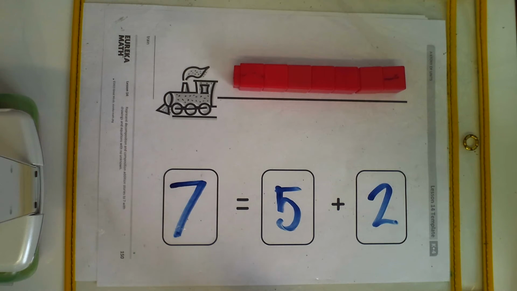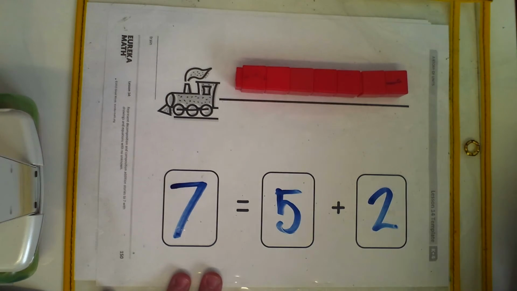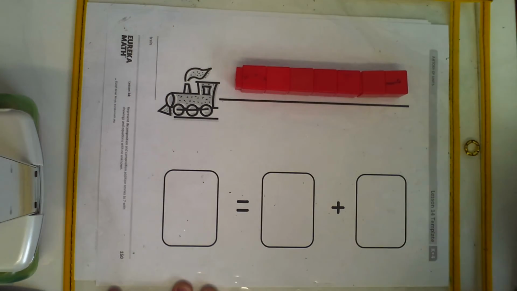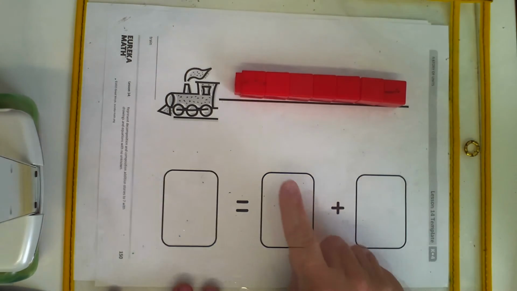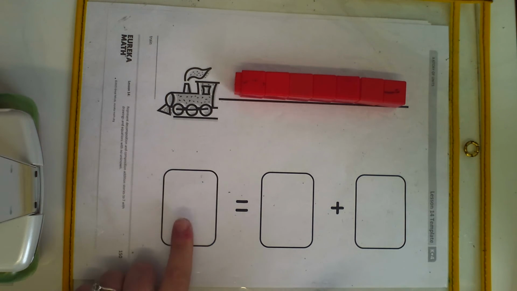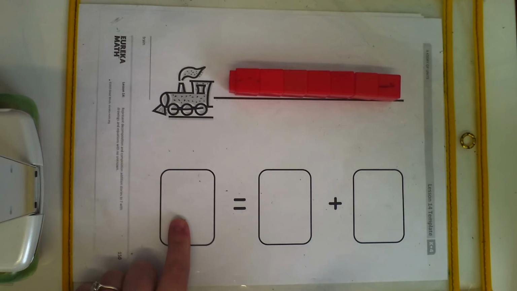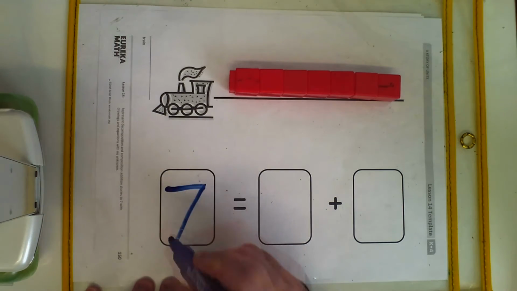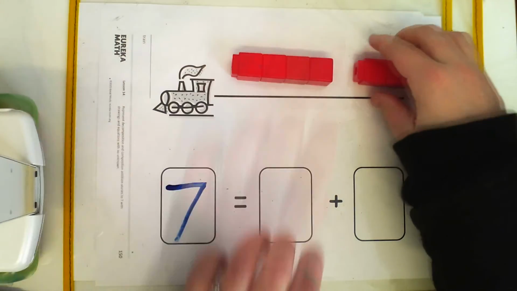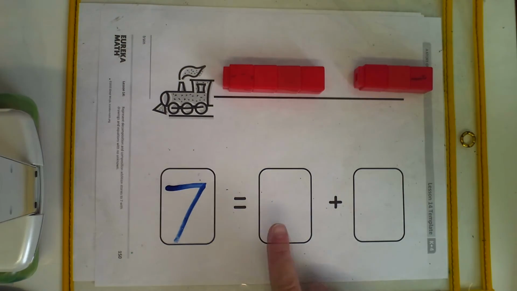All right. So we're going to do this again, but we're going to break it apart differently, okay? Are you ready? So go ahead and erase your mat. So count how many we have. If you don't need to count and you know, go ahead and write it right here. Yep, we still have 7. And this time we're going to break it like this. See if you can fill in our number sentence.